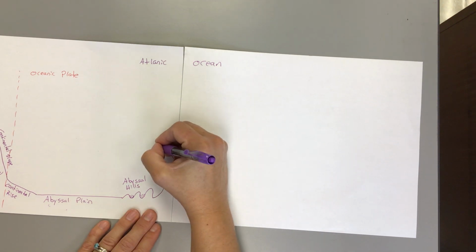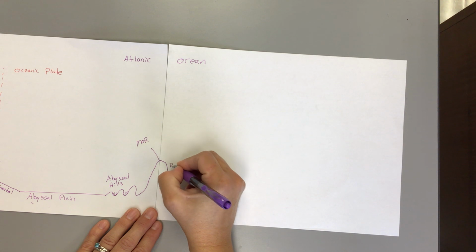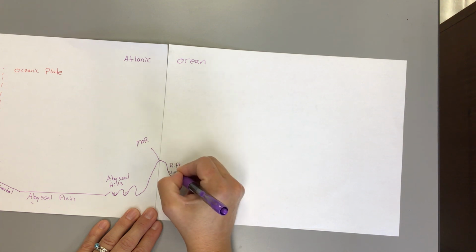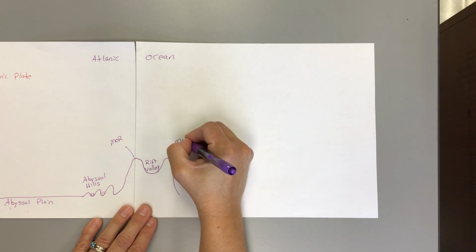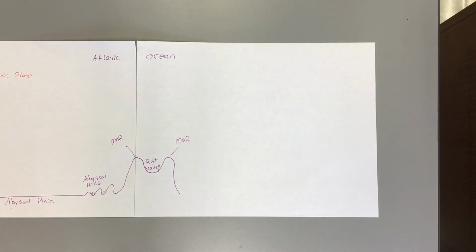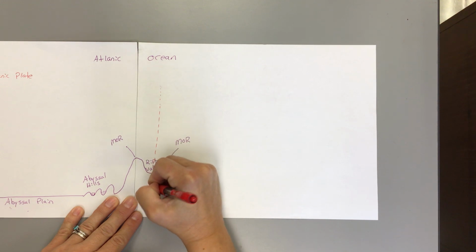So this is a mid-ocean ridge, MOR. And here we have a rift valley and another mid-ocean ridge. Here we have the division of another plate.